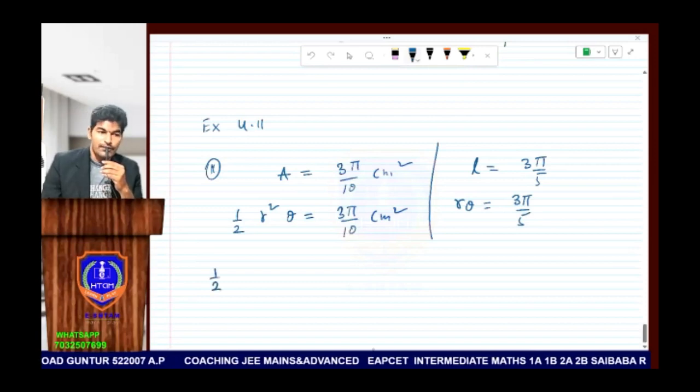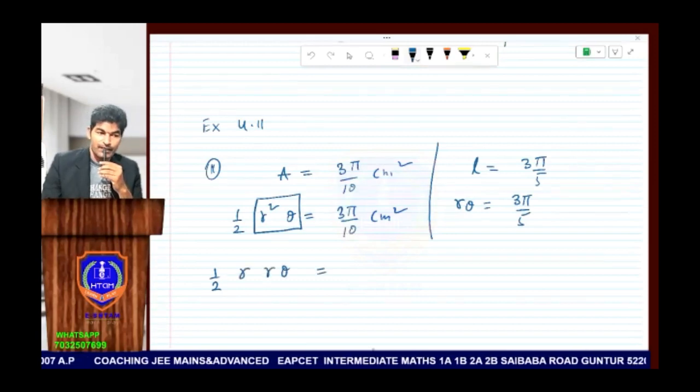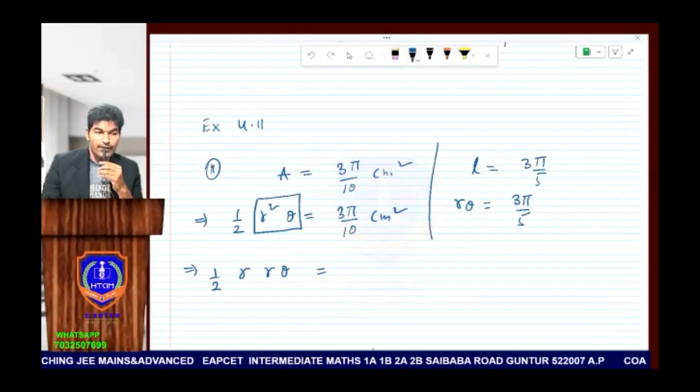Okay, so now listen carefully. This is a very, very important point. You can split this R square as R into R, right? I am continuing this step. If you are continuing the steps, you have to write implies. If you are continuing on both sides of the equal to, you have to write implies.